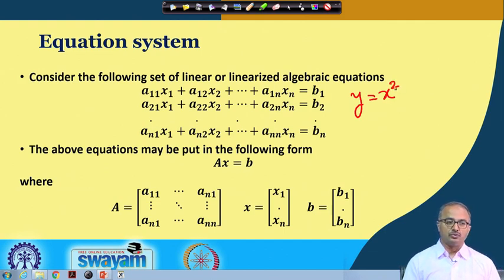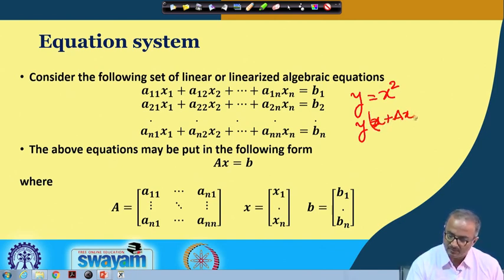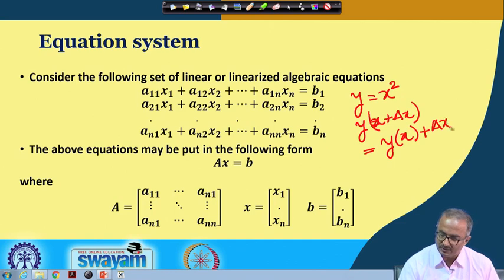In that case, you linearize this equation by taking the Taylor series. From that you find y at x plus delta x equals y at x plus delta x into dy by dx at x, and we are neglecting the higher order terms.